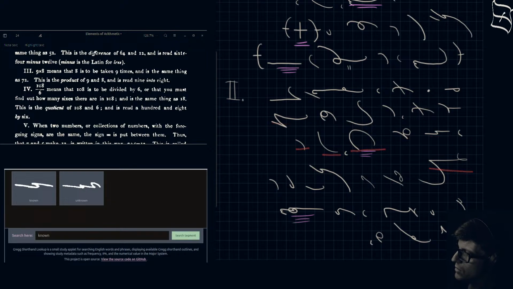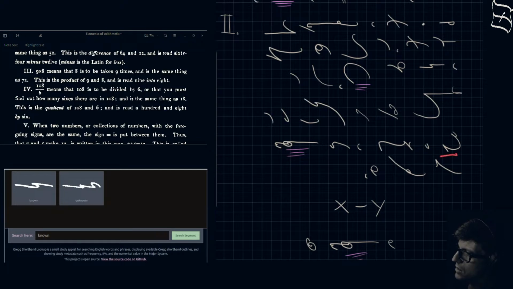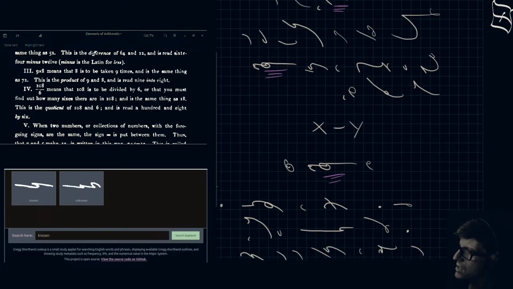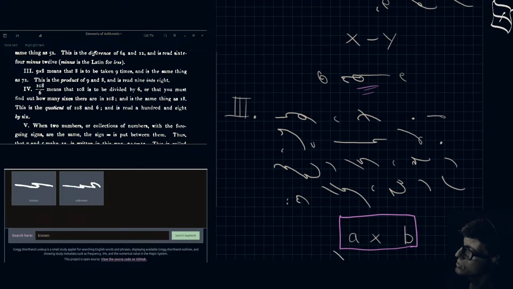And the symbol used to denote or show the operation of subtraction is called, and I need to put a little symbol of is called, there we go, is called minus, and is read as x minus y, which in Gregg would be x minus y. Here's our third symbol. So we've done two so far.